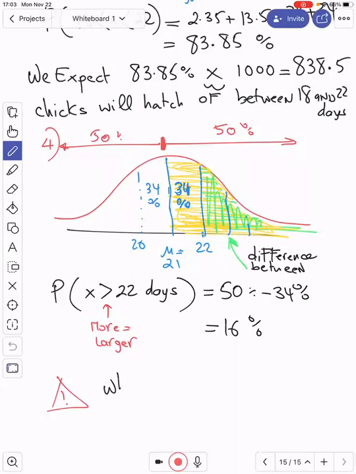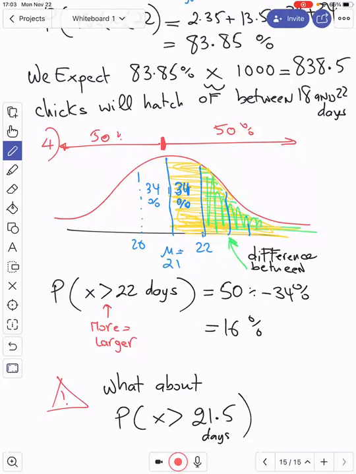For example, the probability that x is larger than 21.5 days, 21 and a half days?